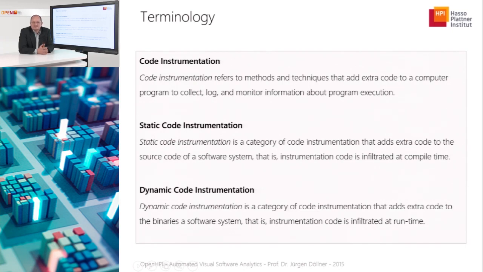It takes place at compile time. And dynamic code instrumentation, another category that adds extra code to the binaries of a software system. So it takes place at runtime, injecting instrumentation code at runtime.